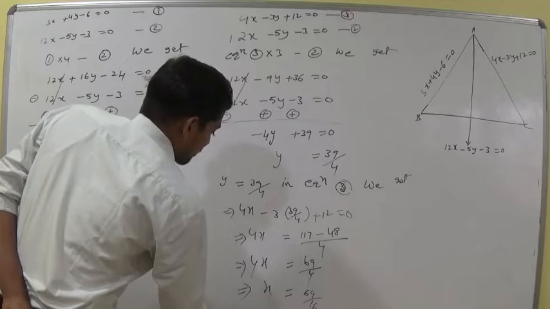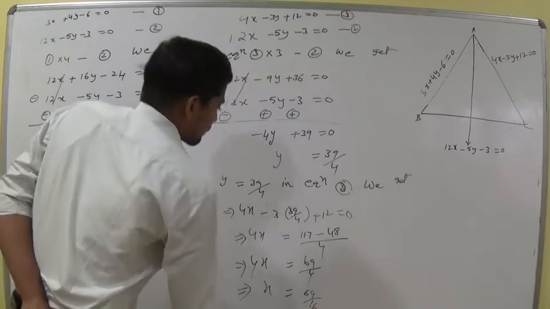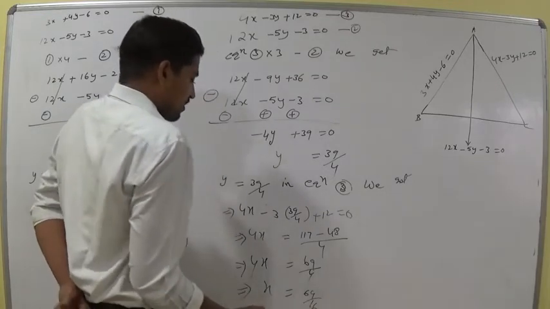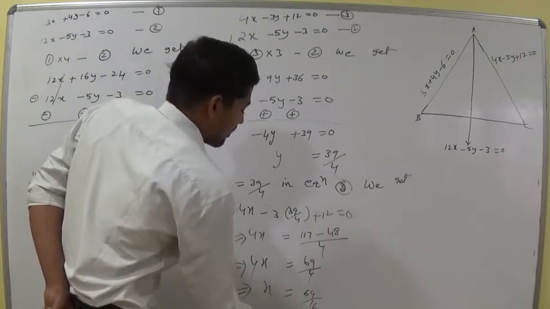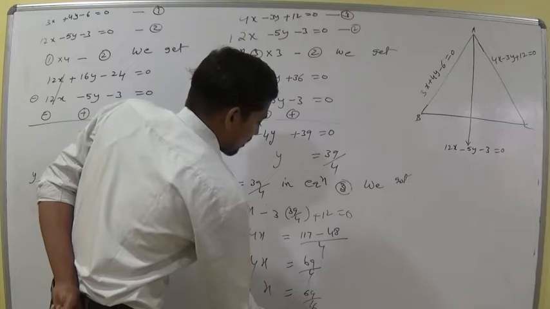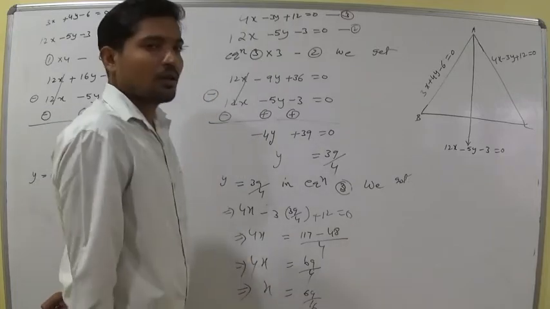So coordinates of C are: what is x here? 69 by 16 comma, y is 39 by 4. Clear?